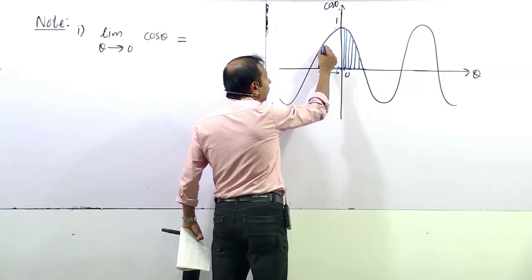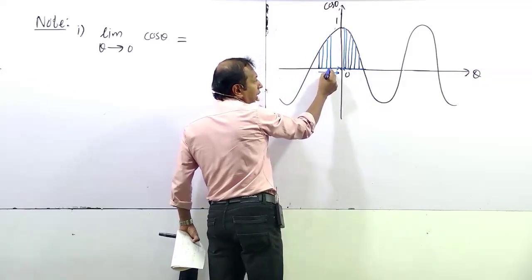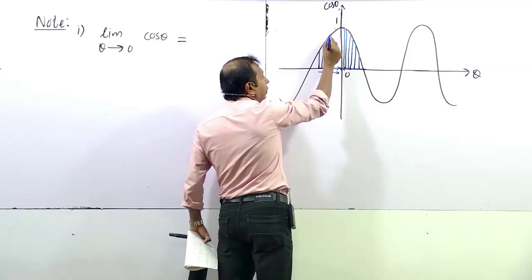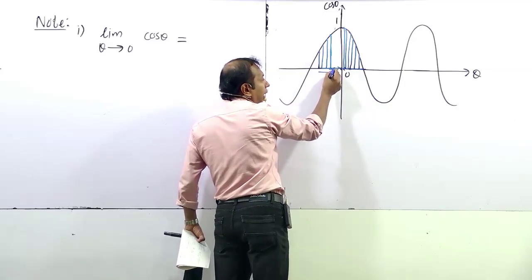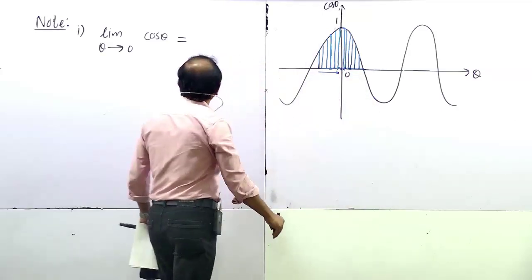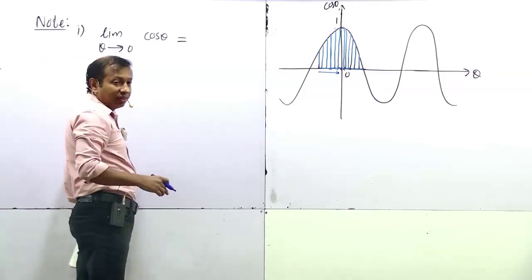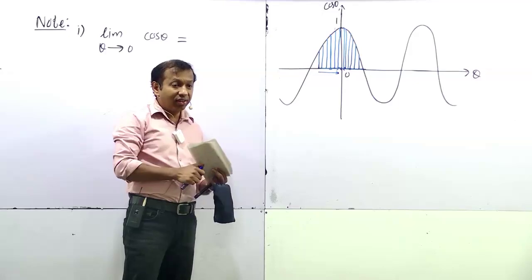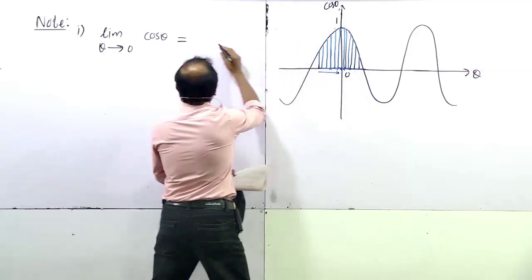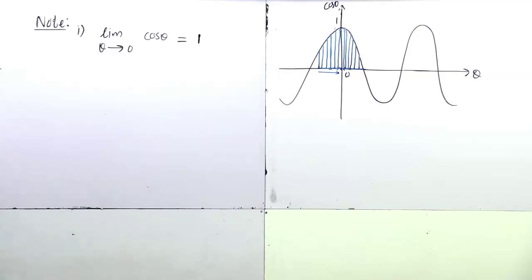From the left of angle 0 also, this height gives us the cos value of the corresponding angle. Once you go towards angle 0, this height is increasing. Then tell me the answer: as theta goes to 0, cos theta is what? Cos theta is 1, no? The height is 1. Right, no?